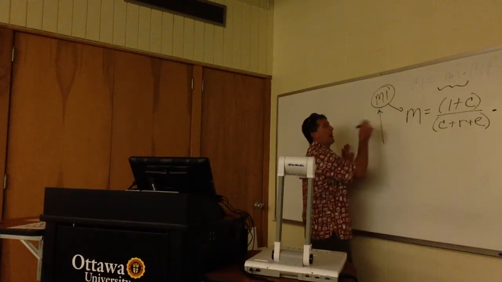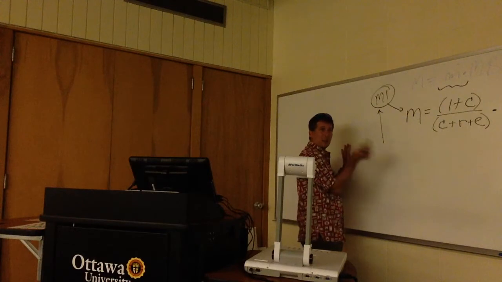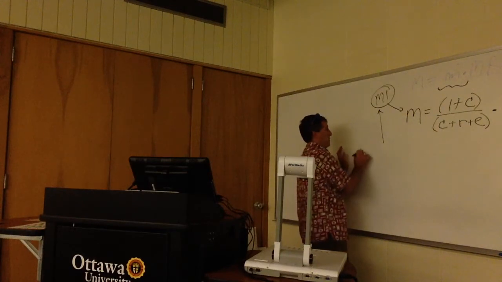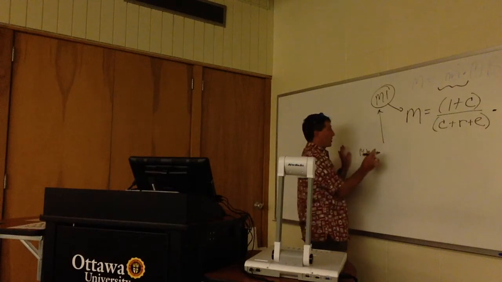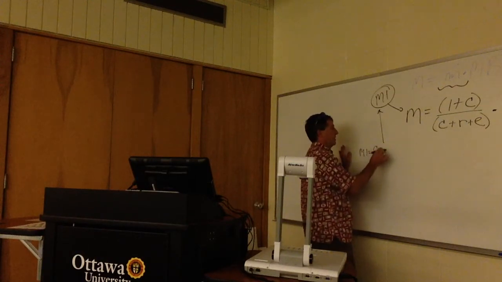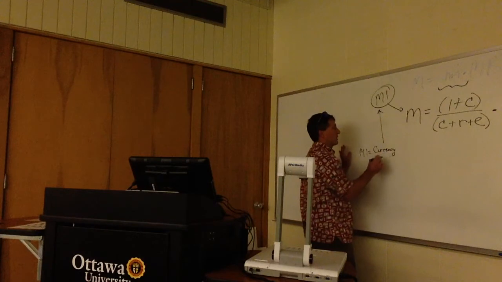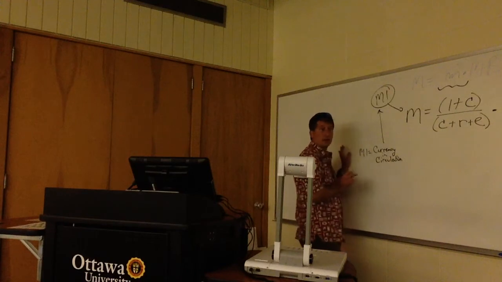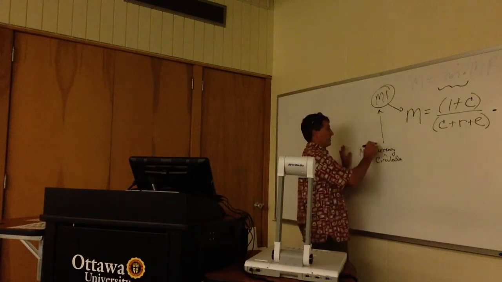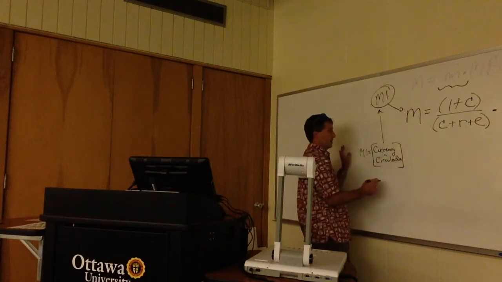So the money supply, M1, the definition we had again was what? M1 equals currency in circulation. Now this is currency in the hands of the public, not bank vault, not vault cash. So M1 is currency in circulation.